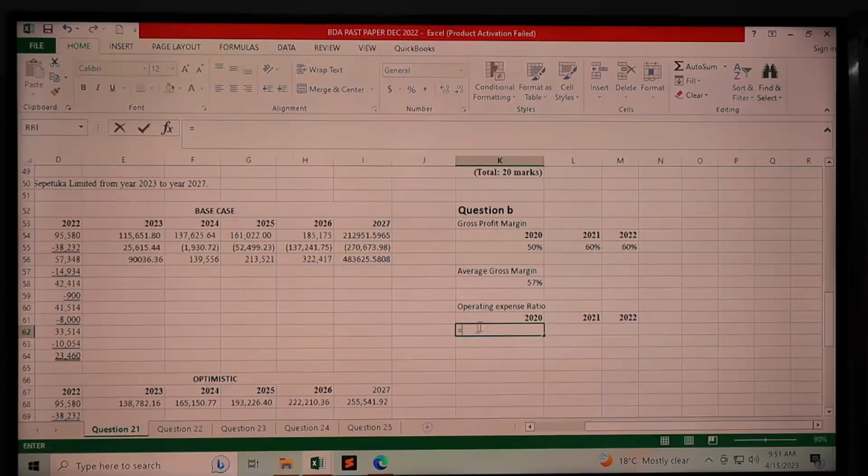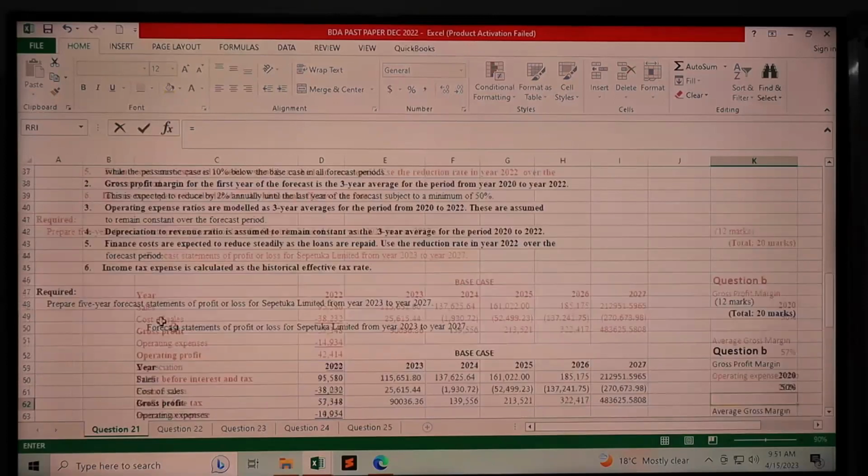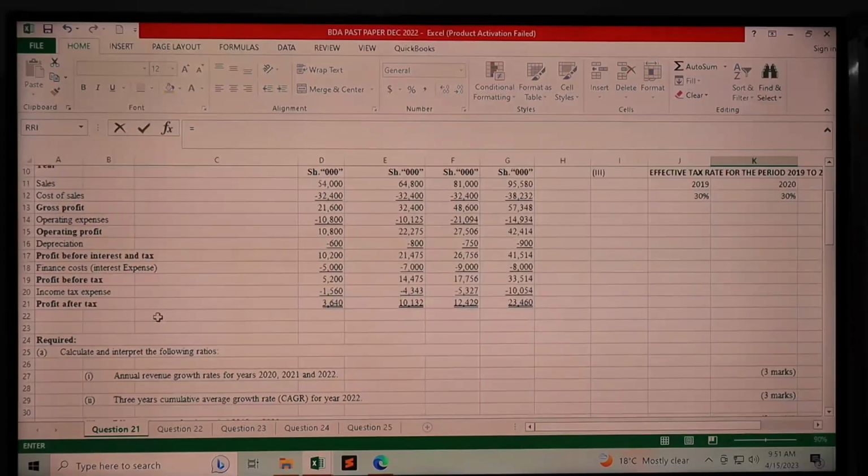Here you just pick the value of interest. The interest expense, because I told you to take what minus what? You take the total expenses minus interest.